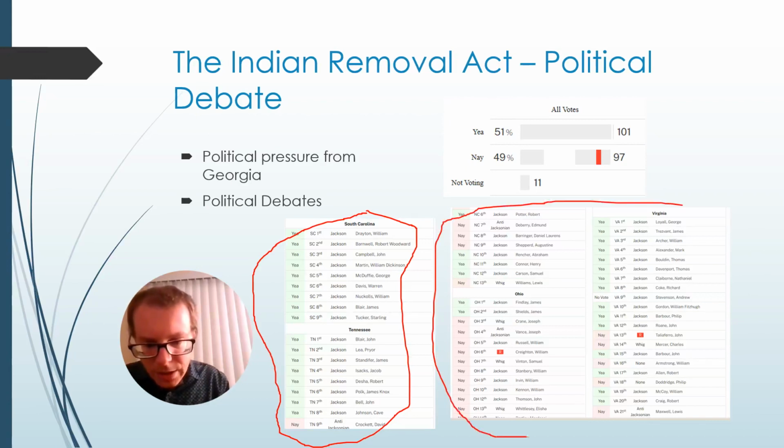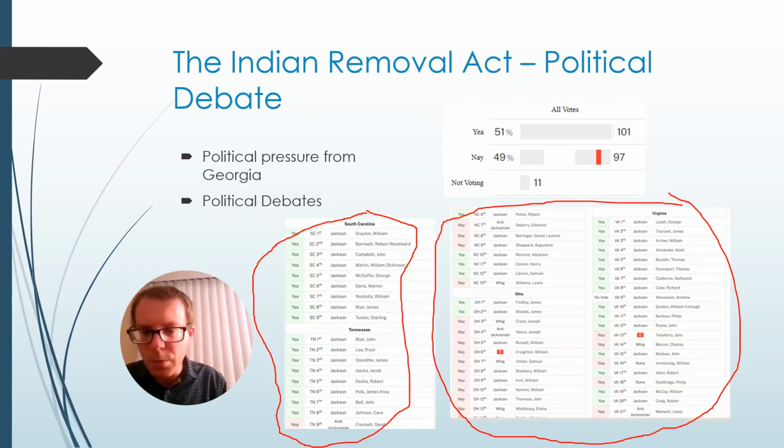And you can see over here on the right, the vast majority of Ohio representatives voted against this act, whereas the vast majority of representatives from Virginia voted for it.